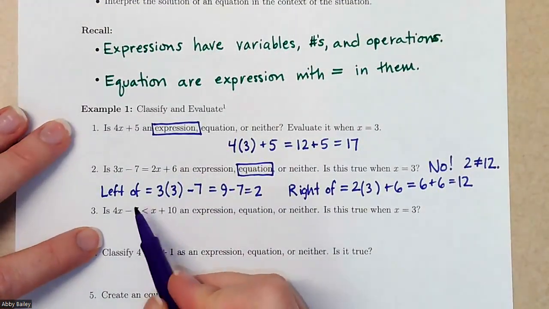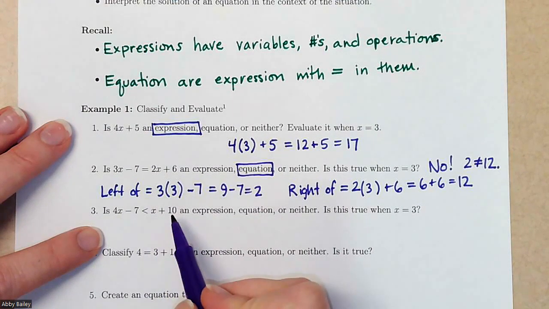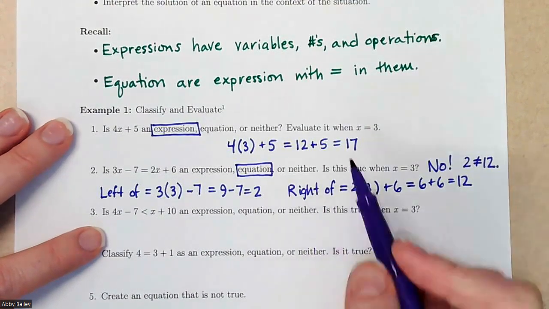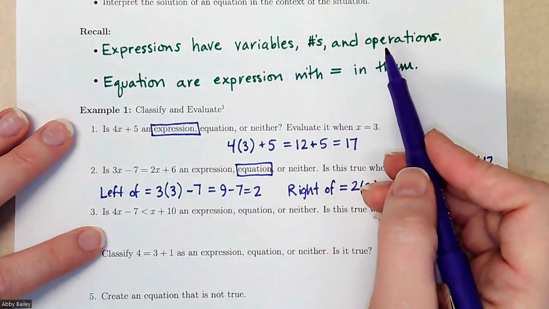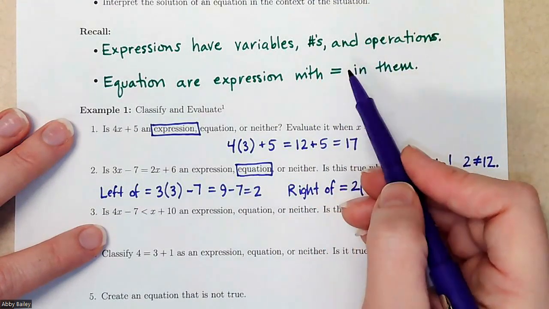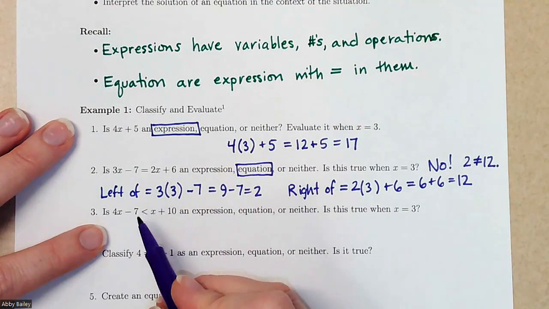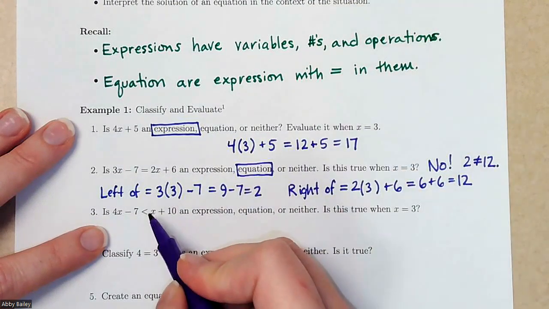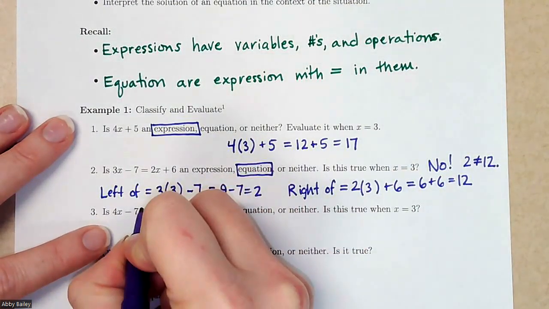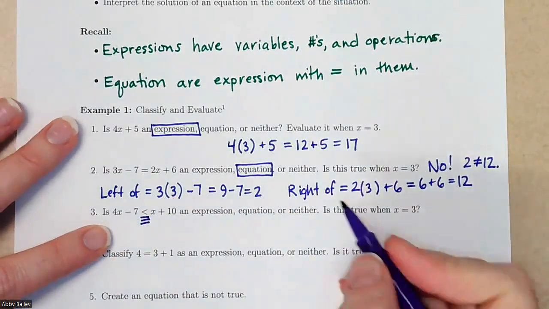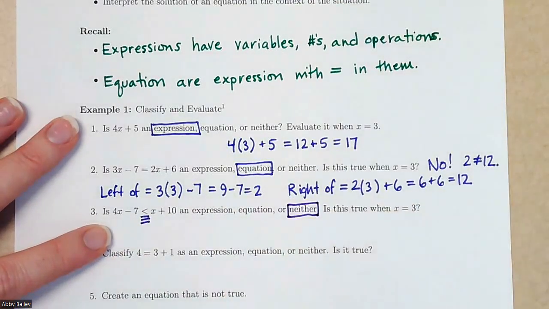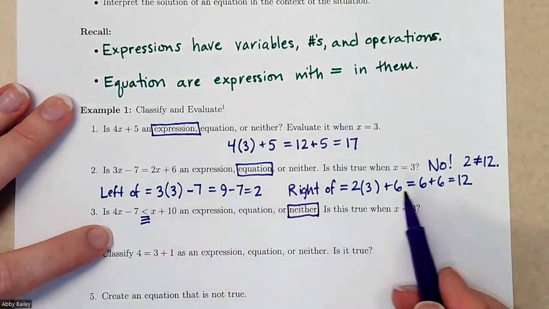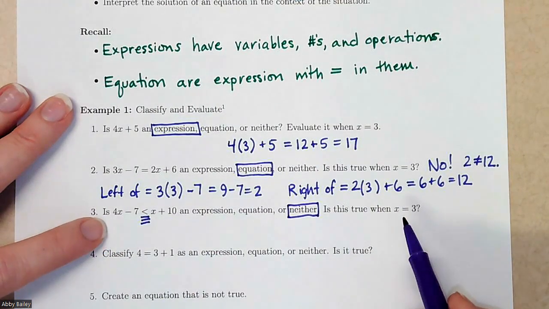Is 4x minus 7 less than x plus 10 an expression, equation, or neither? Well, it has variables, numbers, and operations, but it doesn't have an equals, and it has another symbol that is not quite an operation, but a relationship of less than. So that right there turns it into an inequality, saying less than or greater than. Is this true when x equals 3? Well, let's plug it in and see what we get.